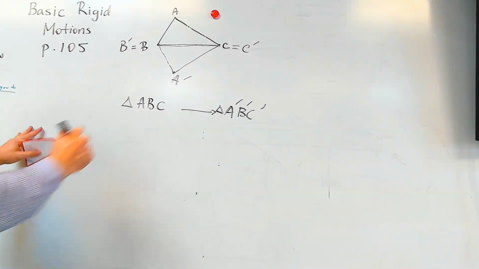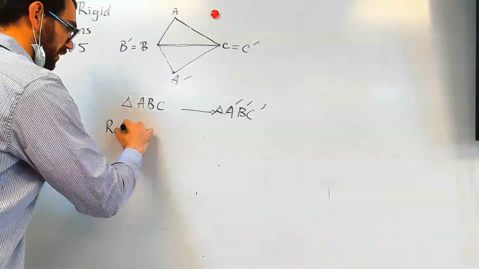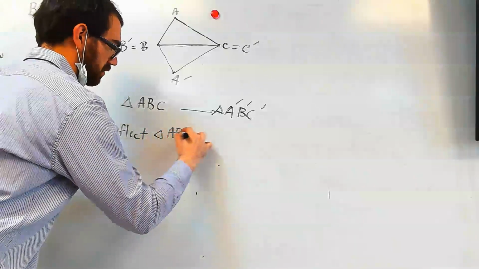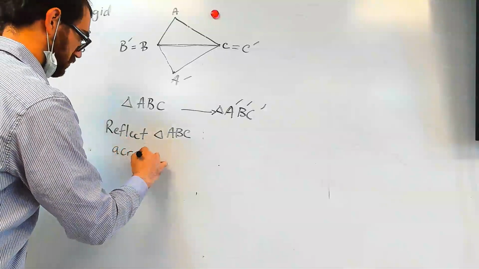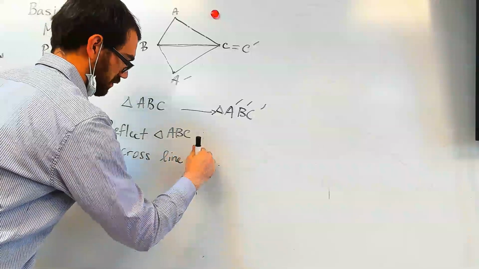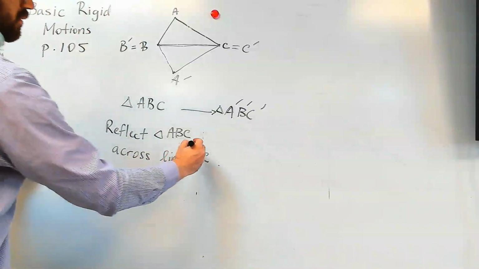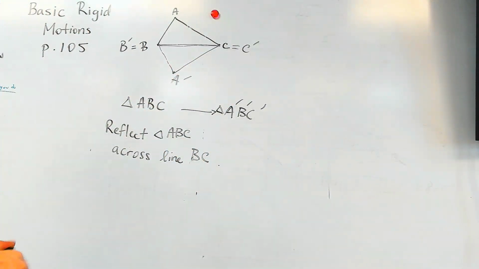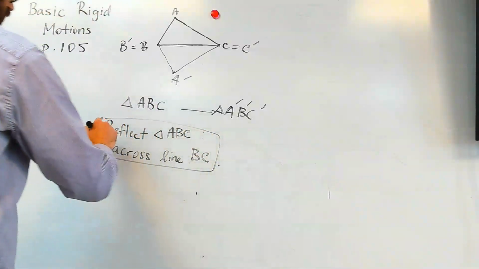Well, we reflect triangle ABC across line BC. Line BC. Okay? That's it. This is our entire explanation. It's one step.